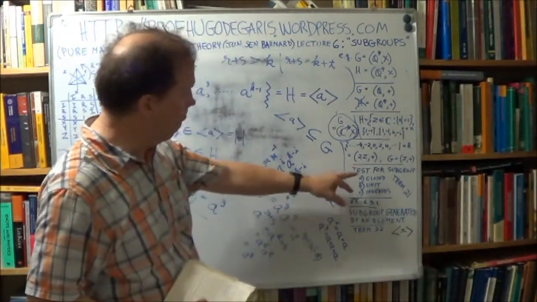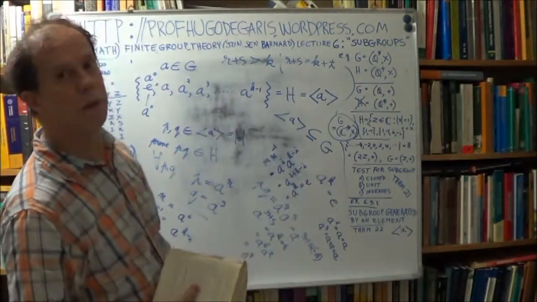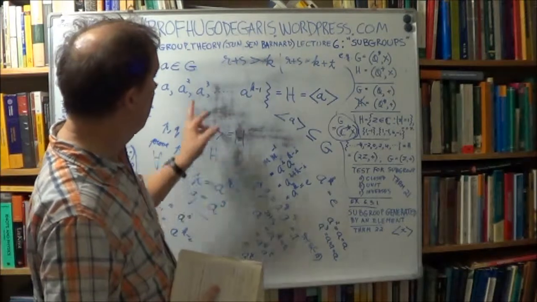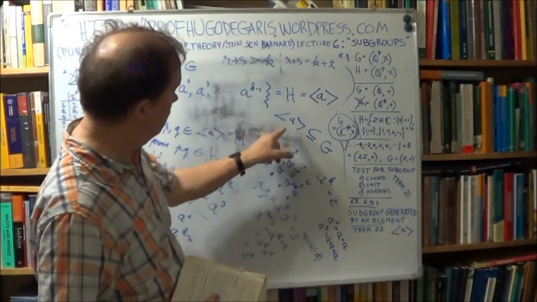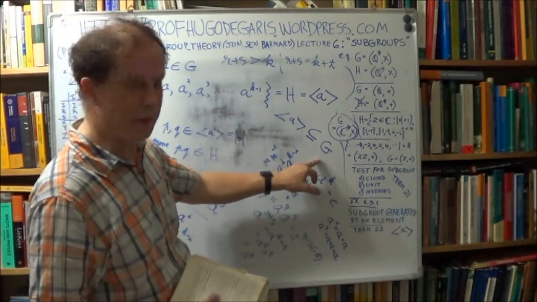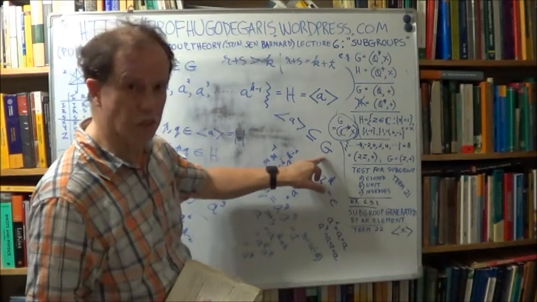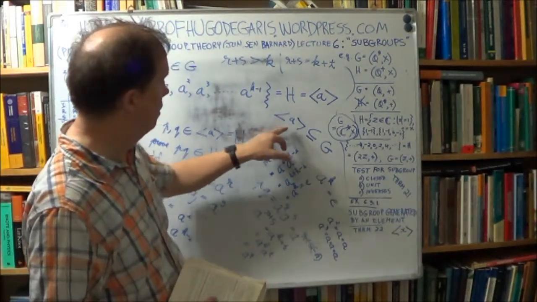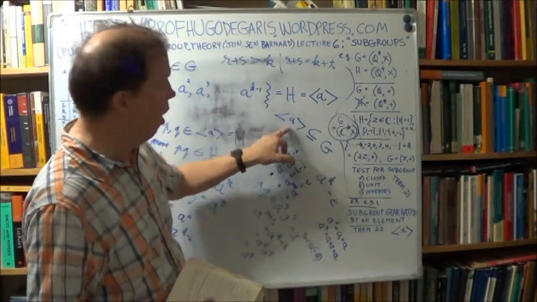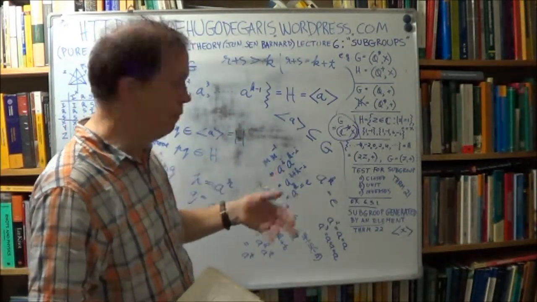So this is a group. And we proved earlier that it's a subset. So if it's a subset of G and it's a group, and we know that G is a group, therefore this H is a group, a subgroup.